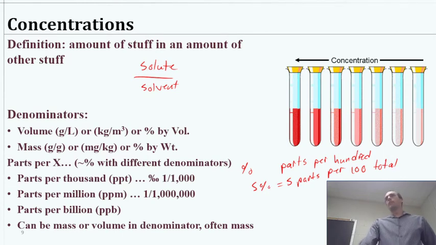Oftentimes it's going to be volume, right? Like the alcohol example, if we were measuring parts per million of ethanol in some sort of a container of water, then that would be by volume. What volume of that constitutes ethanol.